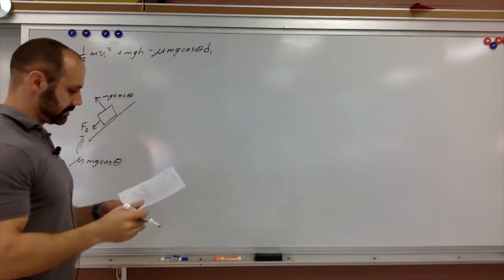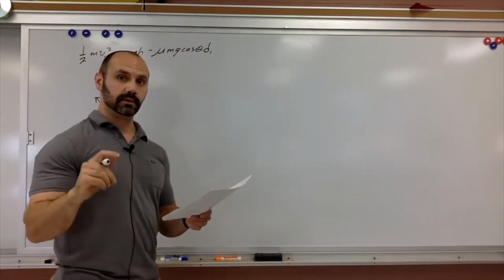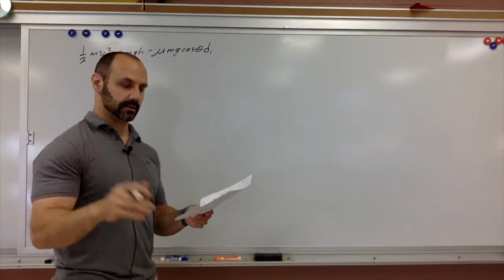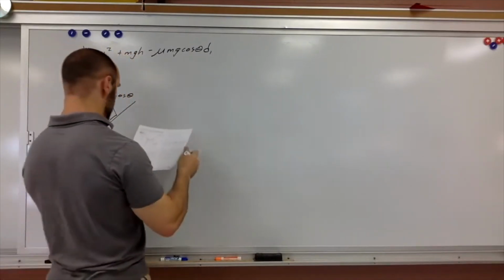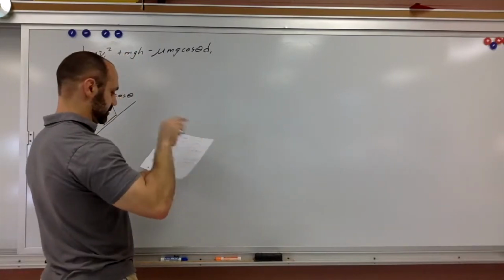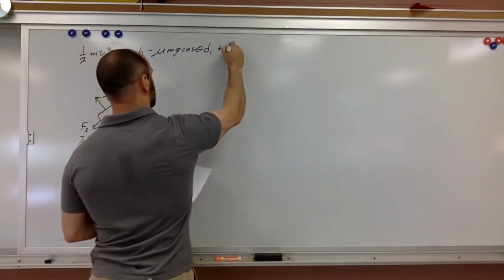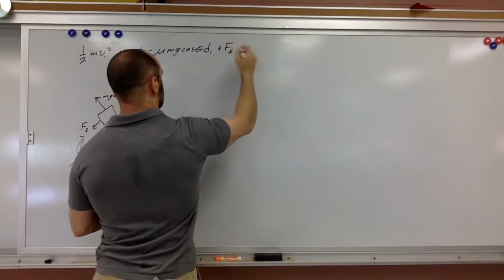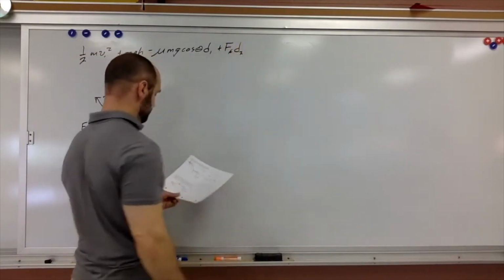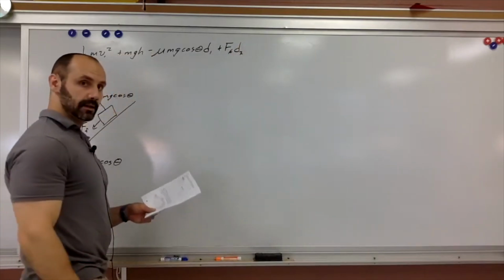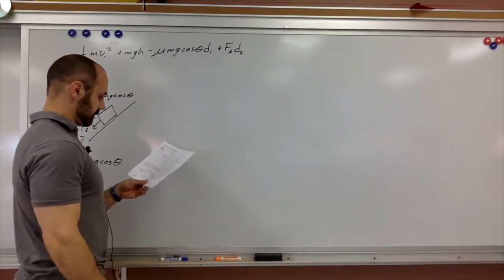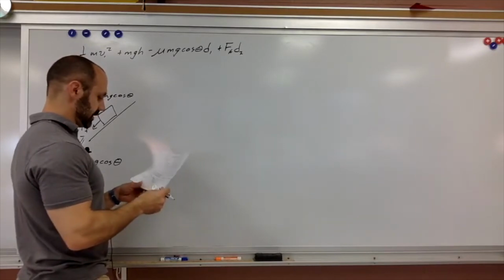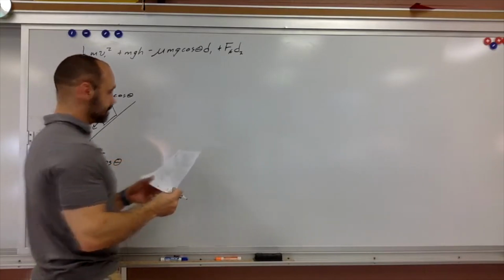Okay. Then I have a 12 Newton force being exerted on it in a wind tunnel. So that's a positive force. It shows you the direction that it's going. So plus, let me just call that FA, an applied force times d2. And then, what else do I have? Then some more friction. So this one is just mu mg.